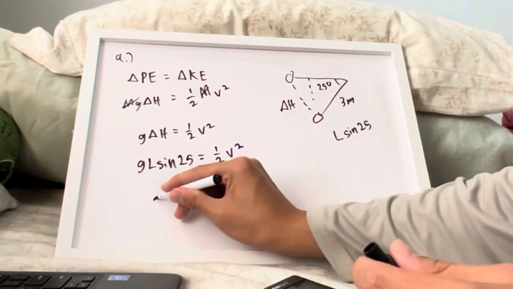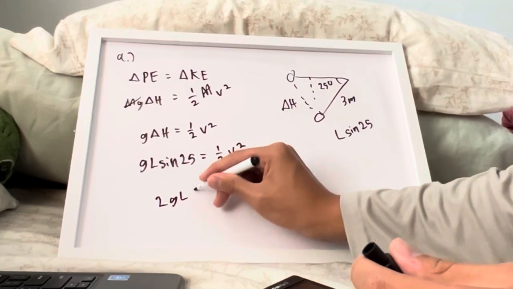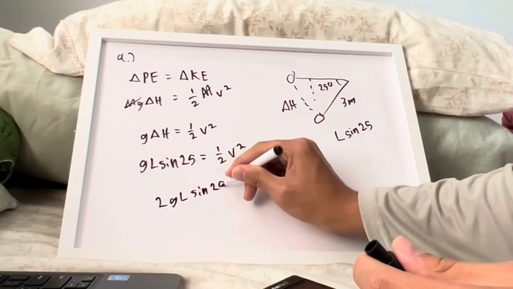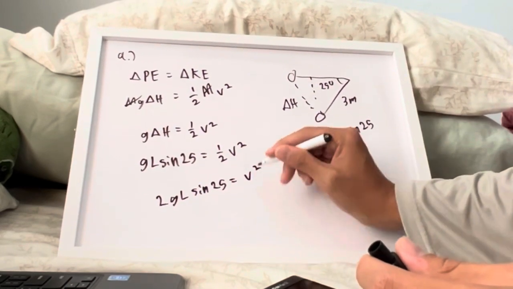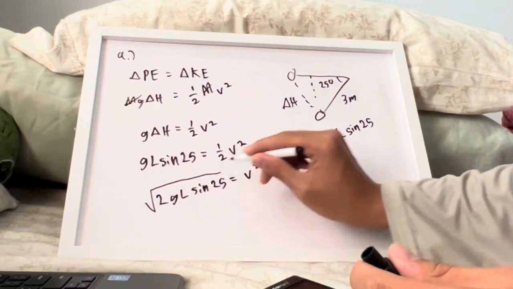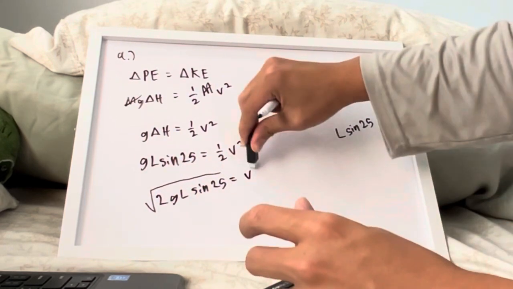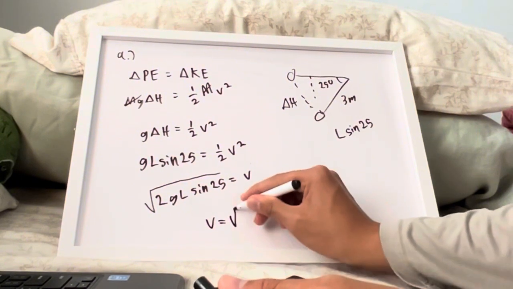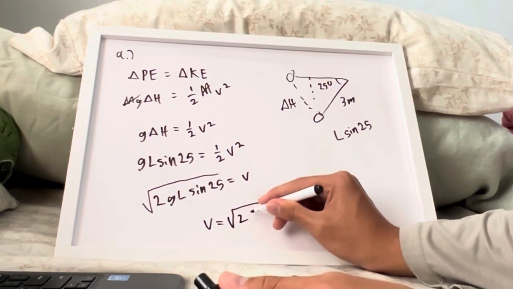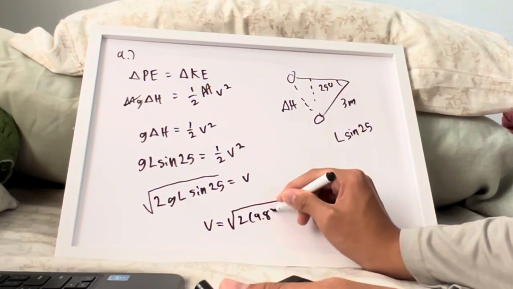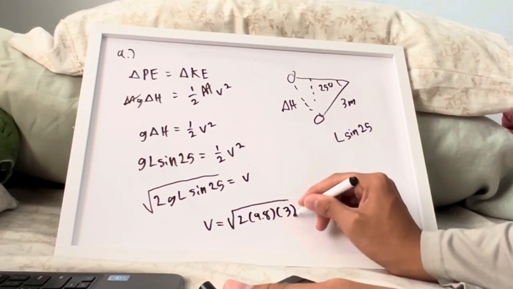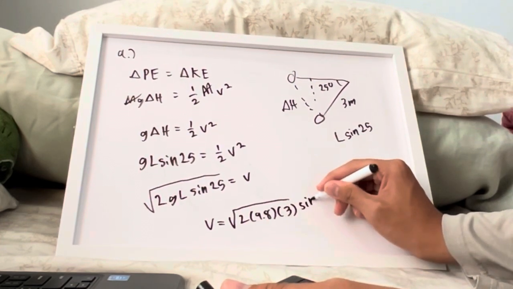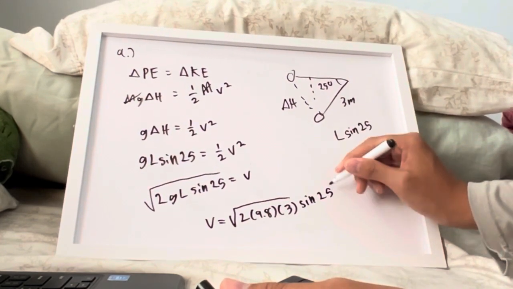I multiply 2 to the other side, and I square root both sides. And then v is equal to the square root, and I'll plug in my variables: 9.8, 3, and sine of 25.